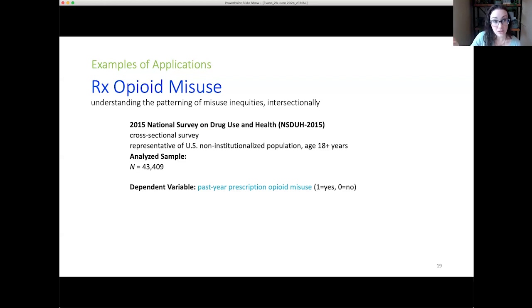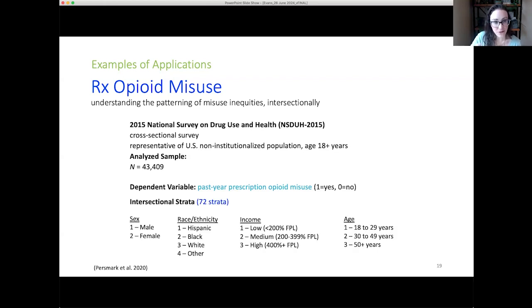So not necessarily street drugs, but prescription opioid misuse. And we were interested in understanding misuse patterns through this intersectional inequity framework. So this was looking at the adult, non-institutionalized US population, and just a simple report of past year prescription opioid misuse. So did the respondent say, I used opioids not according to my doctor's prescription?